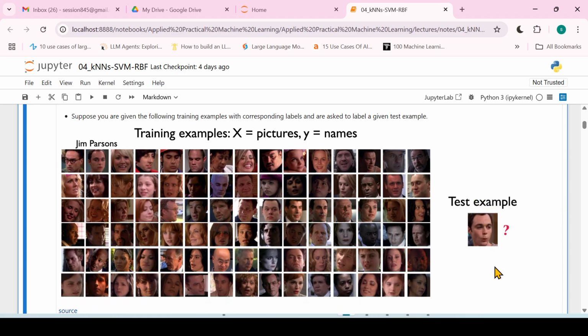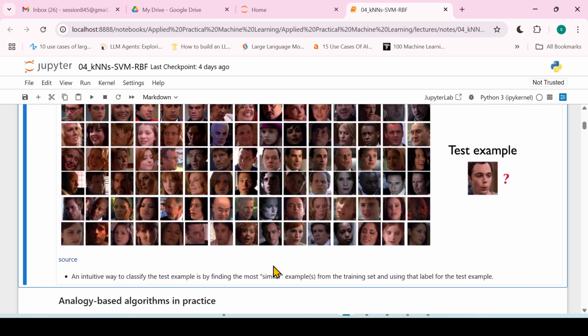To figure it out, we have to compare the features of this person to all the persons, and whichever person is most similar, that person's label will be assigned to the test example. Like over here in this case, this person's features are very common with this person's label, which is Jim. So we label this test example as Jim. That is how the analogy-based algorithm works.